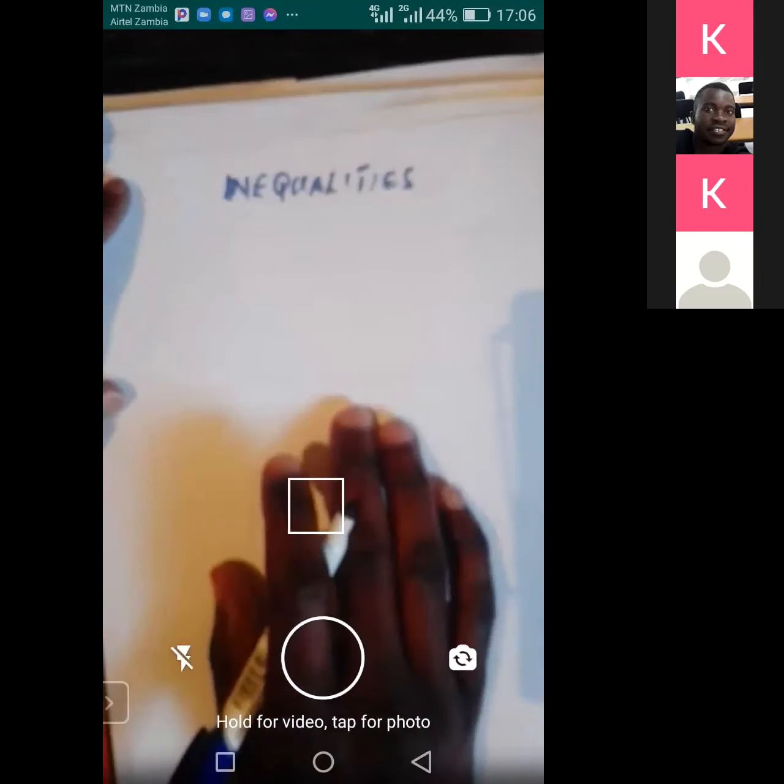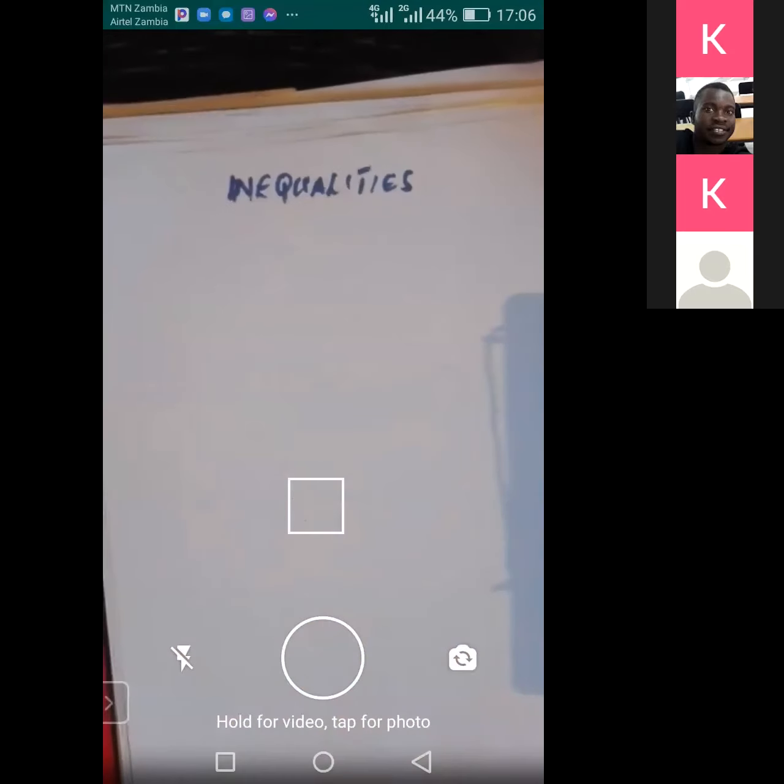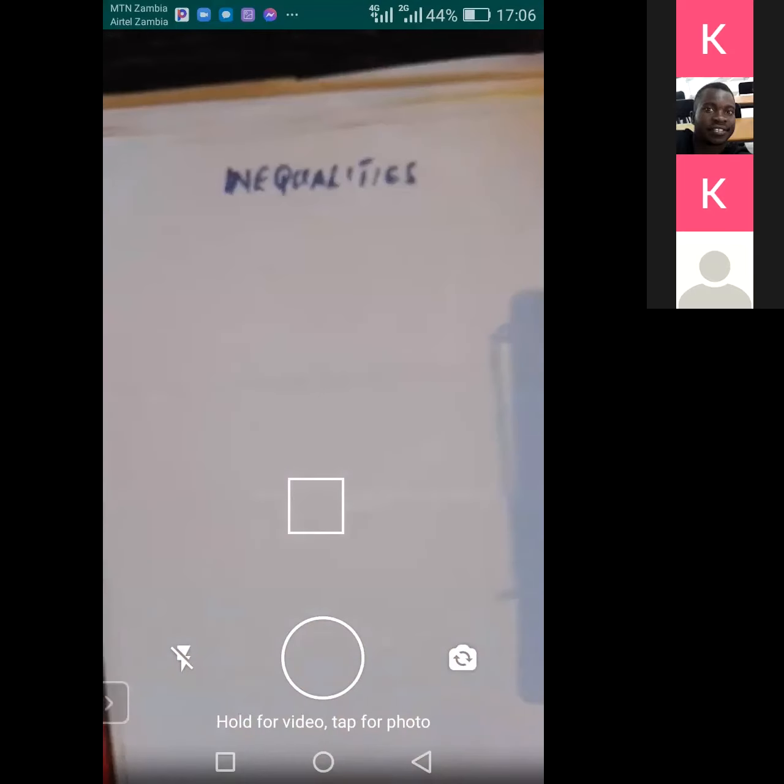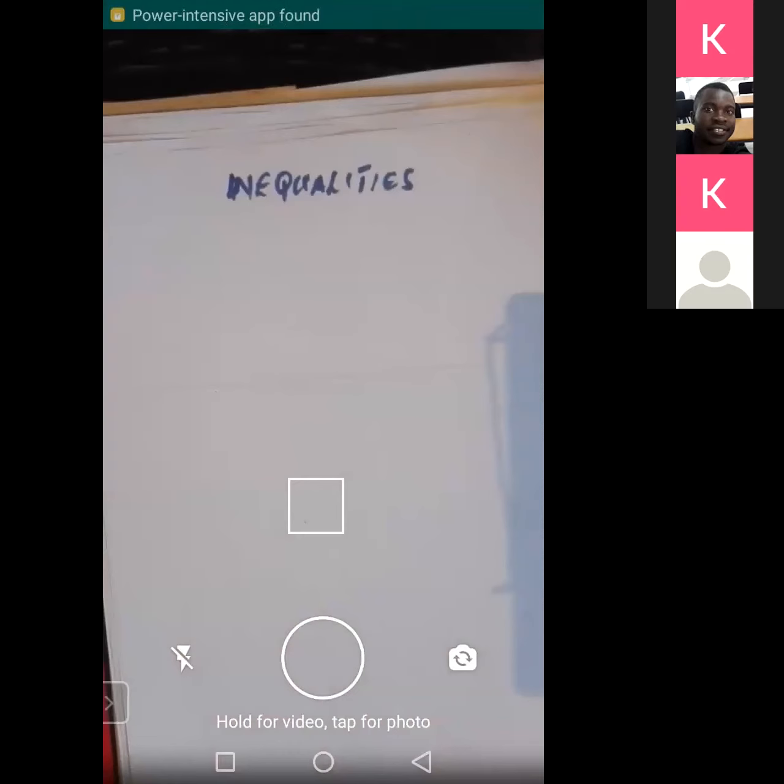So today, as you've seen, we're looking at inequalities. Before we proceed and look at inequalities, I want us to look at this equation.